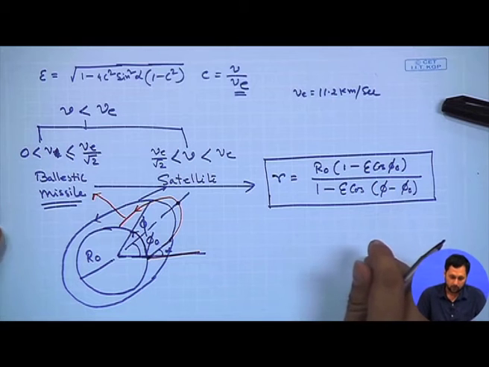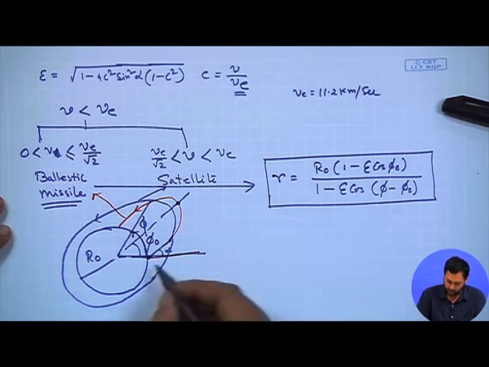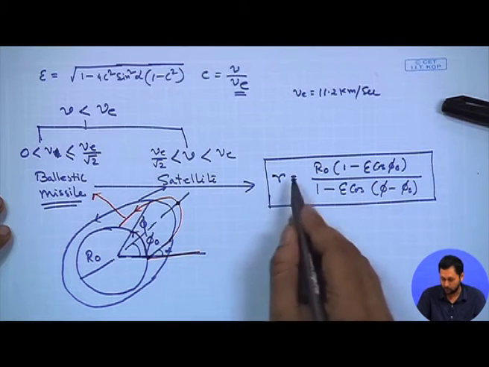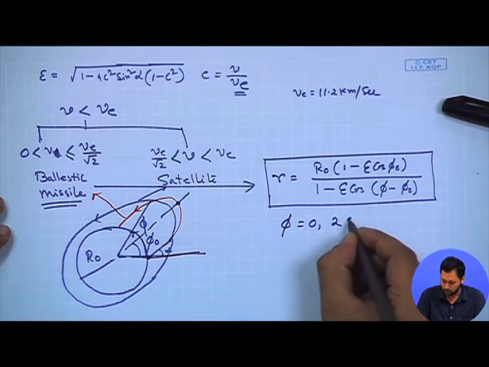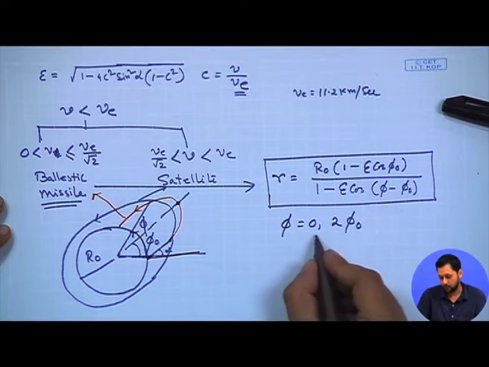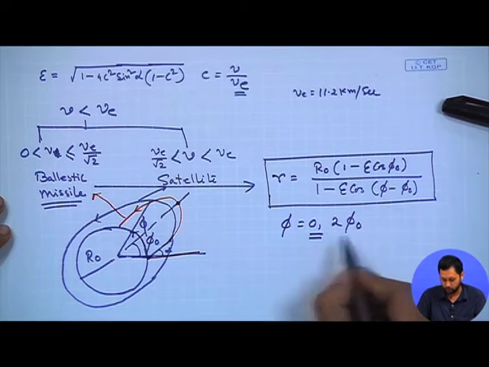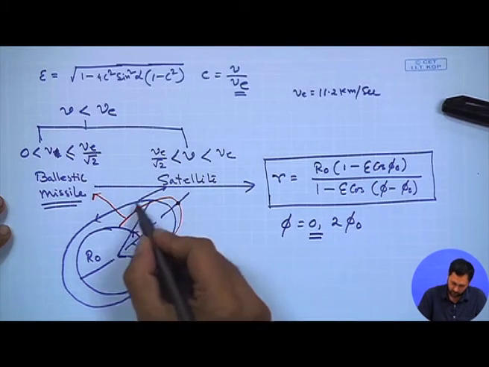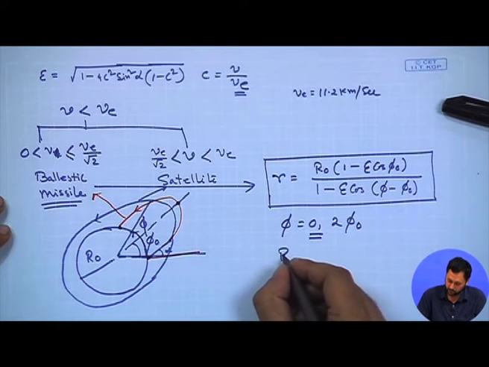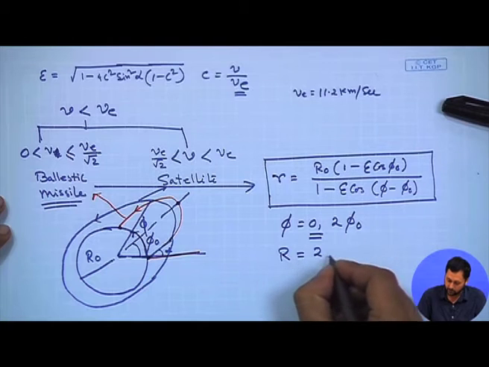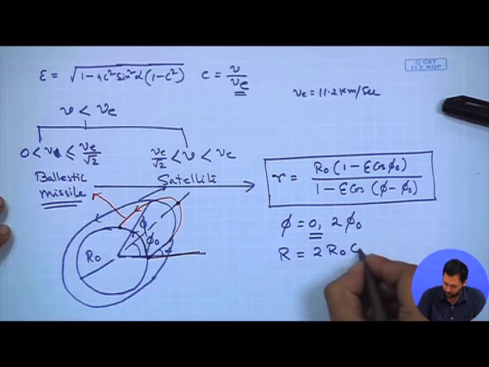From this equation we have seen that r equal to r0 for phi equal to either 0 or 2 phi 0. Phi equal to 0 is the initial condition. Phi equal to 2 phi 0 is the position where the ballistic missile comes back to the Earth's surface once again, and from there we have calculated the range as 2 times r0 phi 0.